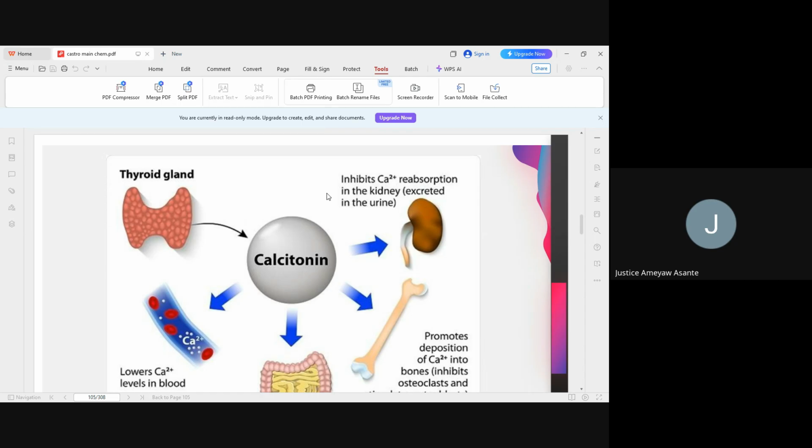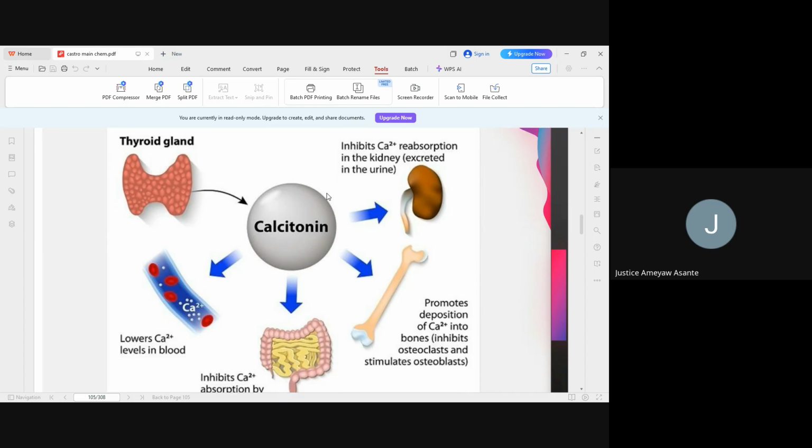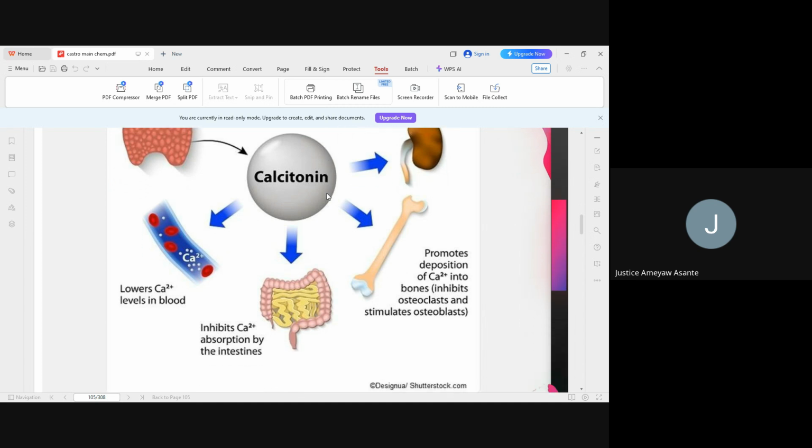So the thyroid gland produces calcitonin. It promotes the deposition of calcium into the bones, inhibits osteoclasts, and stimulates osteoblasts. It inhibits calcium absorption by the intestines and lowers calcium levels in the blood.